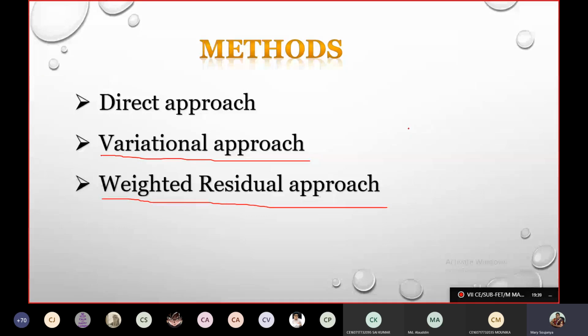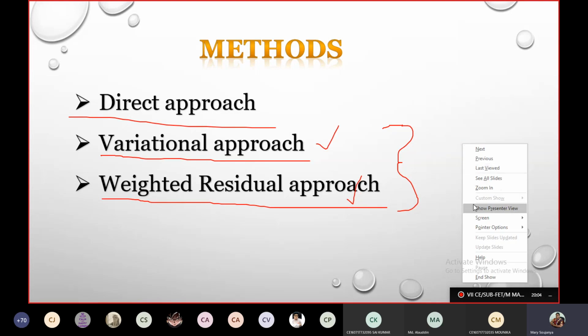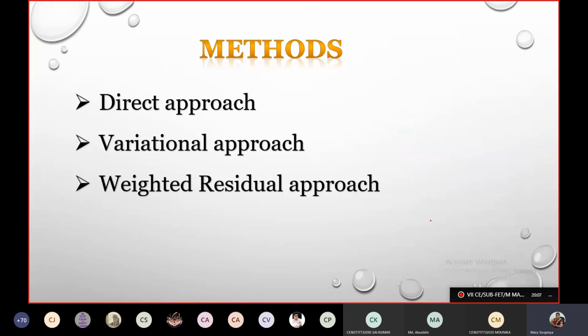Both methods are given much importance in formulating various types of problems in FEM, other than the direct approach we have, such as stiffness. Equal importance is given to the variational approach and the weighted residual approach. That is why the two topics, Rayleigh-Ritz and Galerkin's, are clearly mentioned.